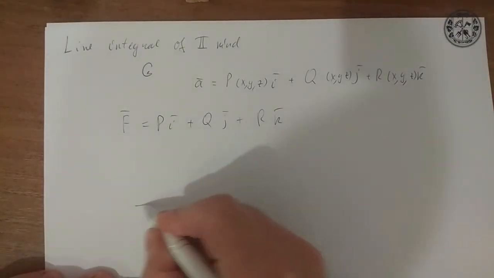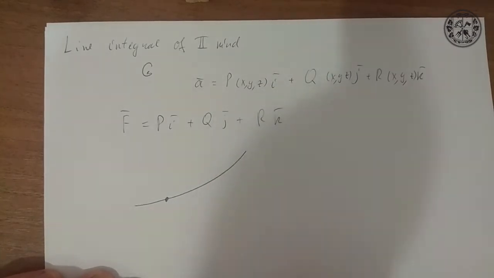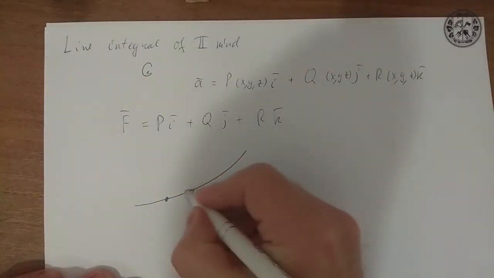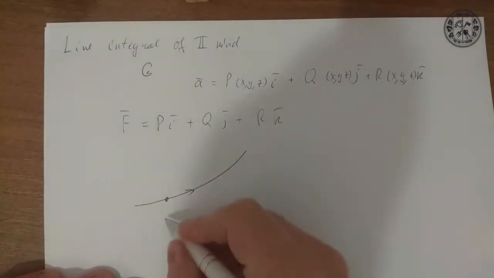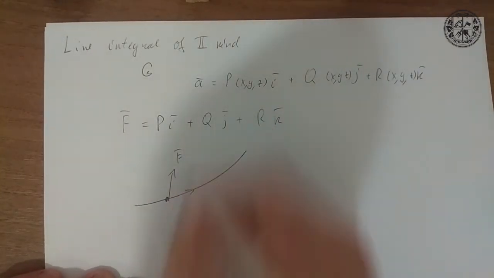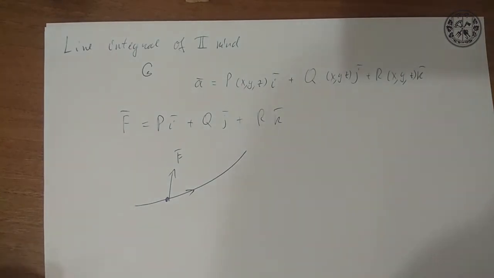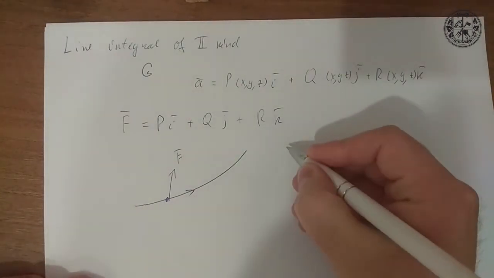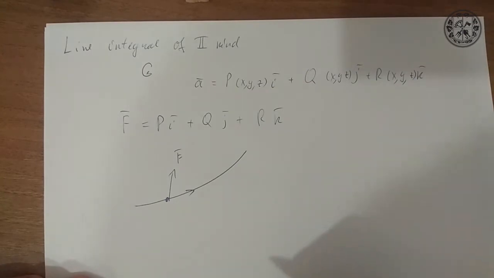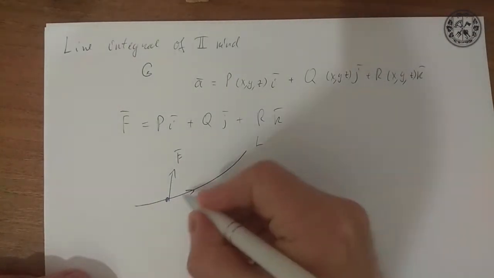Let us assume that we have some line and a point moving along this line, and when this point is moving, some force F conducts some work A. To find this work, we have to split this L into several pieces, Li.